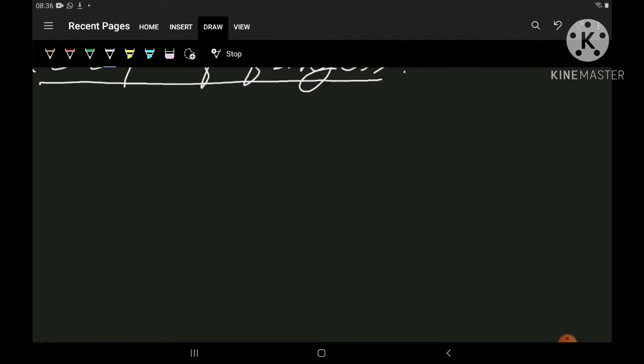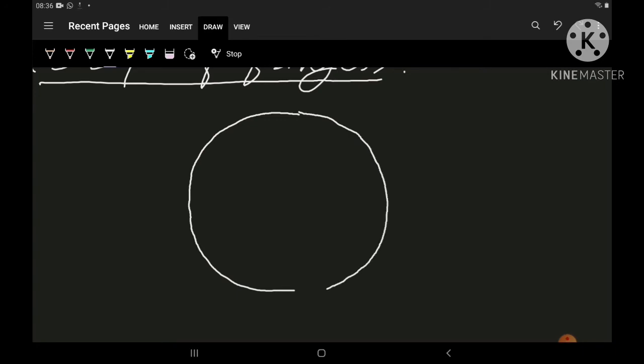Suppose this is the plain glass plate, and obviously above this plain glass plate there is a plano-convex lens whose surface touches the glass plate. So suppose this is a plano-convex lens placed upon the plain glass plate. Now suppose this is the point of contact.